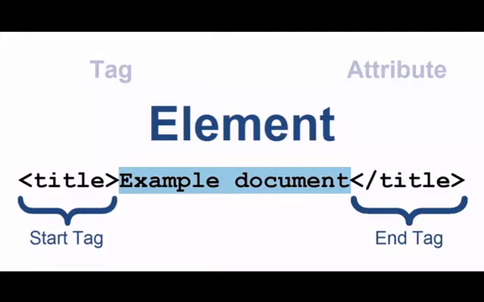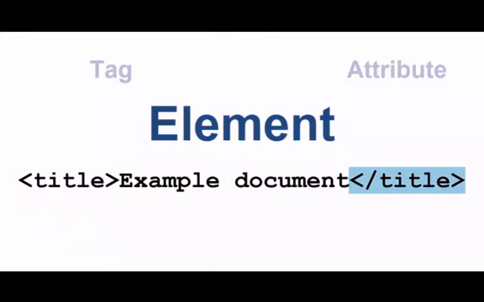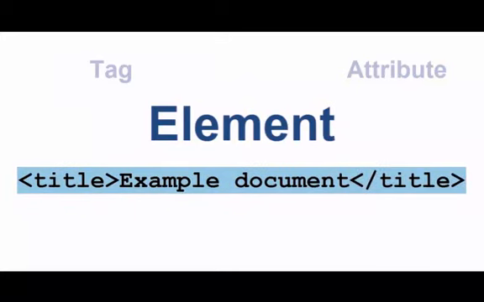Sometimes you may hear start and end tags called opening and closing tags. Notice that the end tag has the same name as the start tag, except that the end tag begins with a / before the name. So this whole thing, including the start tag, the content, and the end tag, is called an element. In this case, it's a title element.